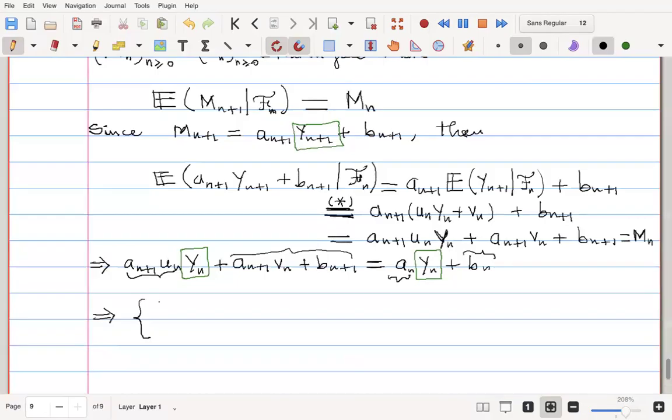So the first equation of our system will be a_{n+1} u_n equal to a_n, as you can see here. And the second equation, a_{n+1} v_n plus b_{n+1} is equal to b_n.